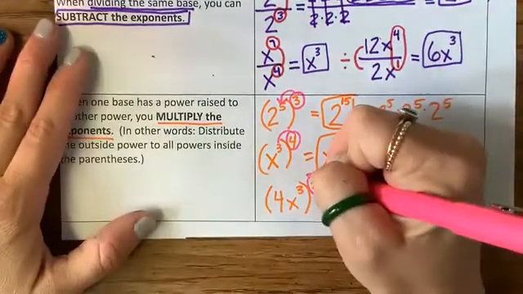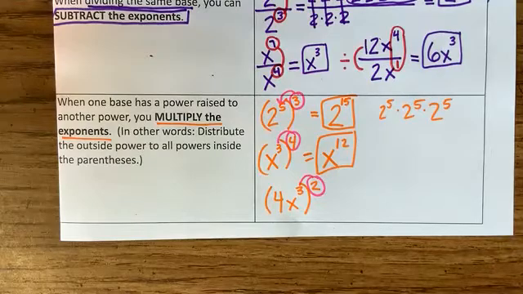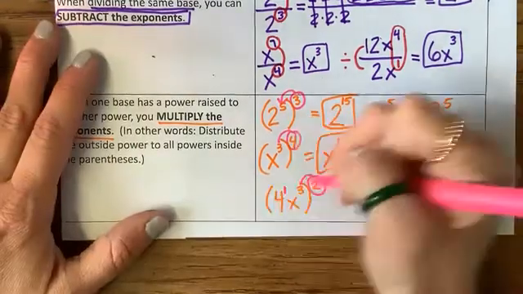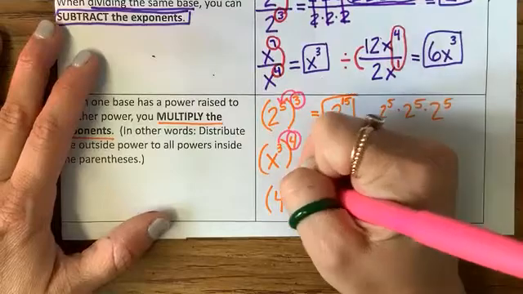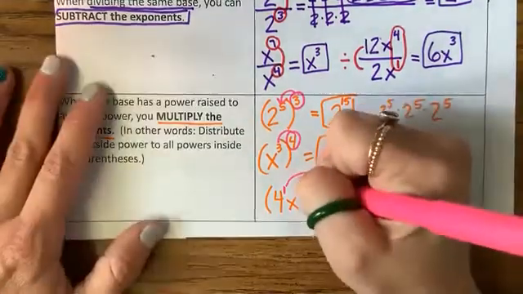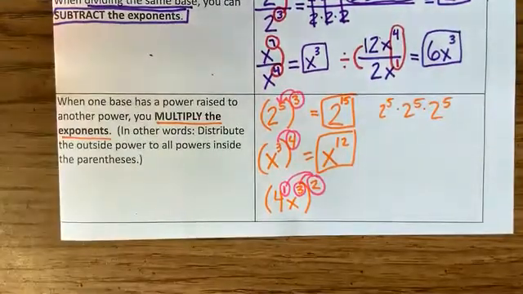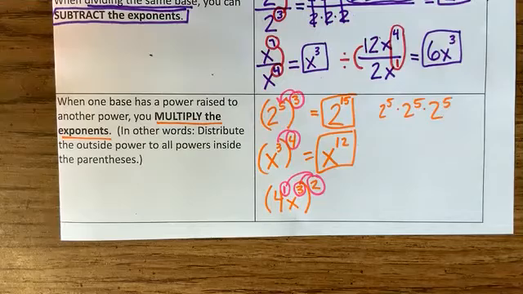So I'm going to take the 2 and multiply it by 3. What's the exponent of the 4? A 1. So I also have to take the 2 and multiply it by the 1. You do not take the 2 and multiply it by the 4. It's exponents being multiplied.